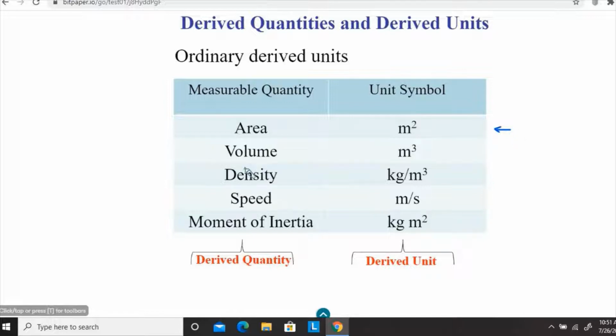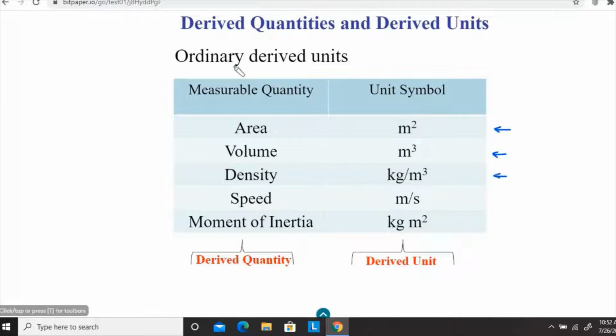Volume is width, length, and height, a multiplication of all those 3 physical quantities. As a result, the unit is cubic meters. Density is mass over volume. As a result, you have kilograms per cubic meter.